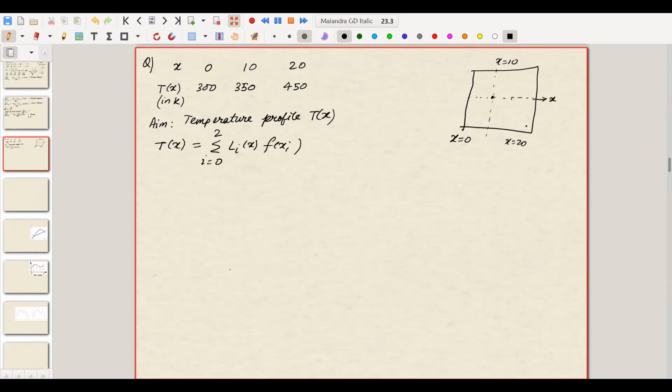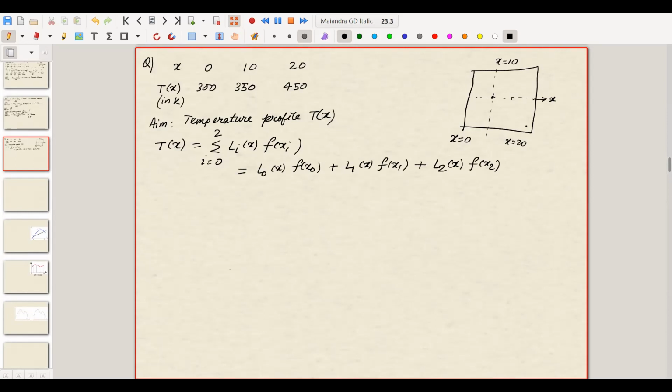Since we have 3 points, we are going from 0, 1, 2. That means it will be L0 of x f of x0 plus L1 of x f of x1 plus L2 of x f of x2, right?